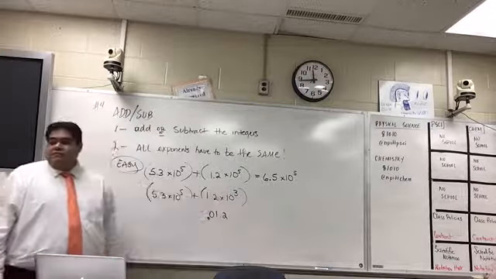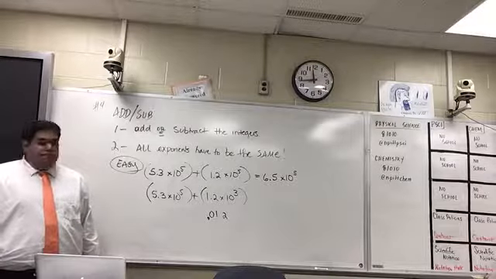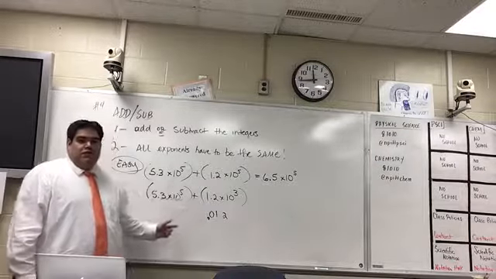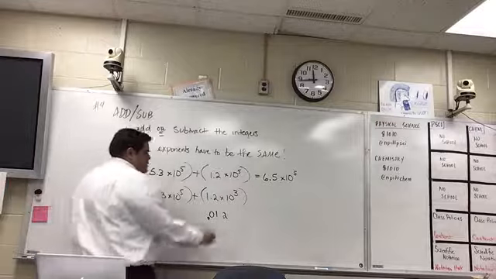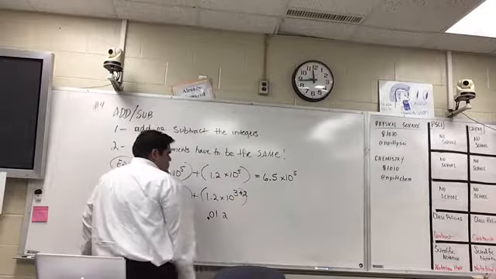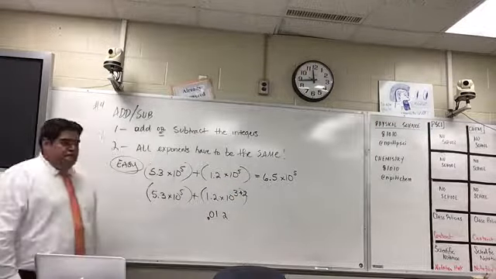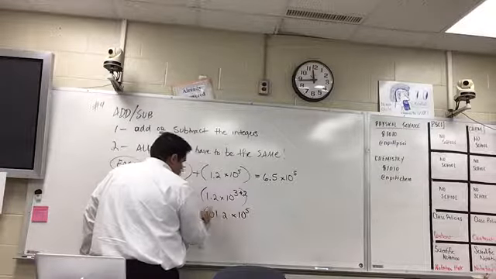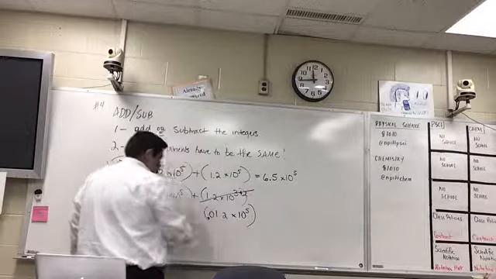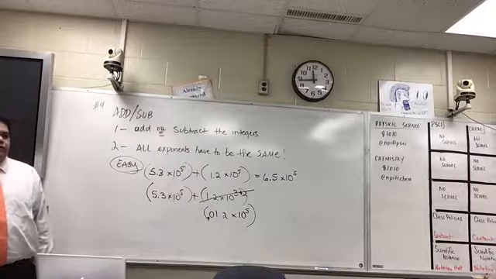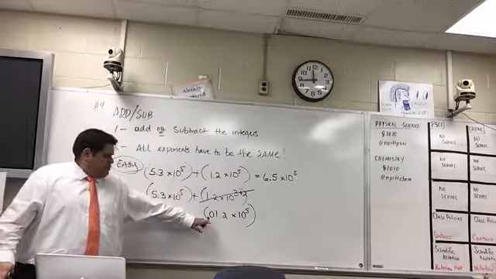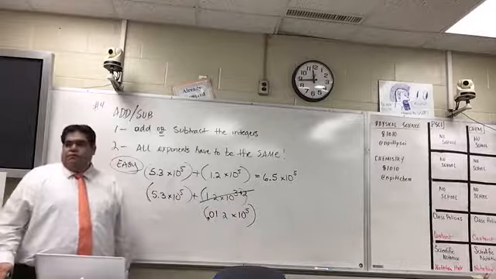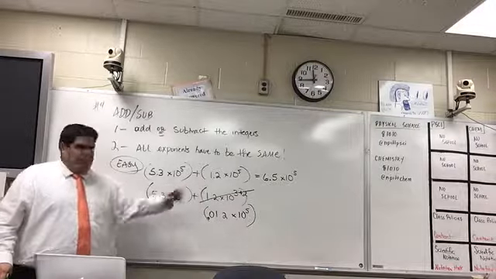Because I'm trying to make that 3 become a 5. So when I move the decimal 2 spots to the left, positive 2, that makes it become a 5. So now I have my new scientific number right here: 0.012 times 10 to the 5th.